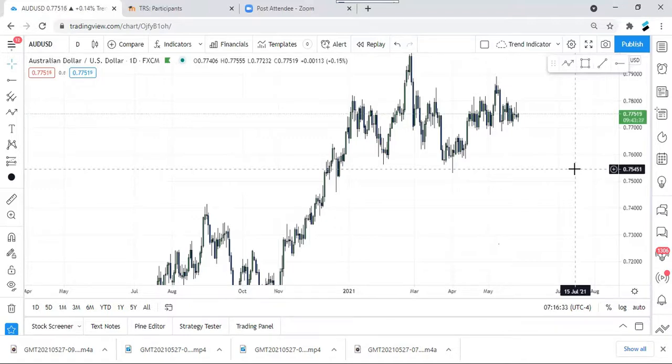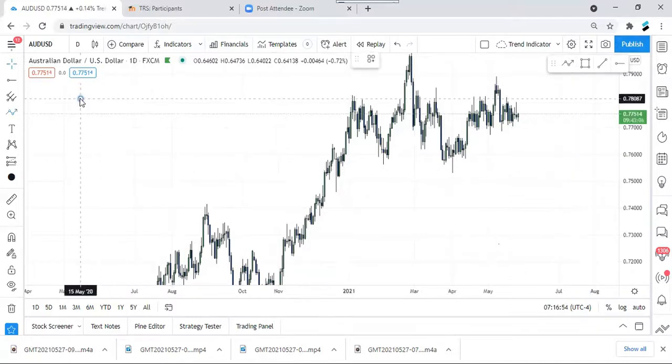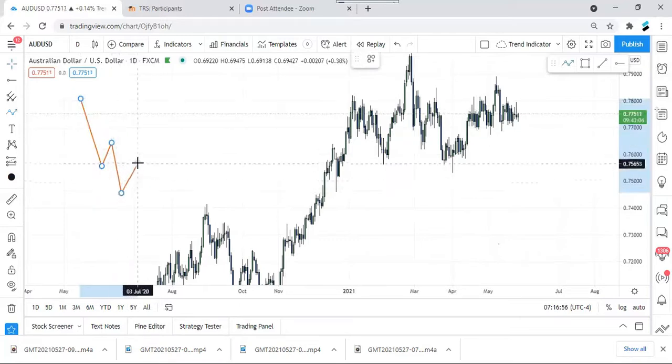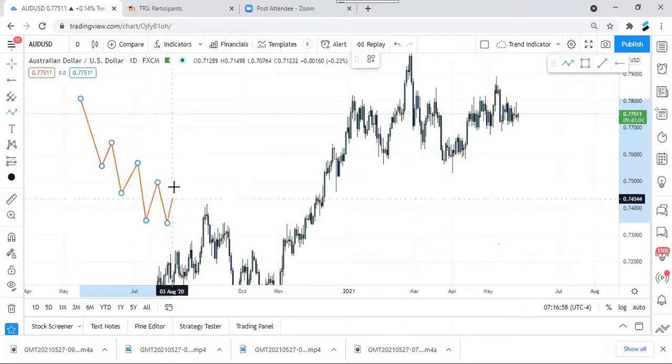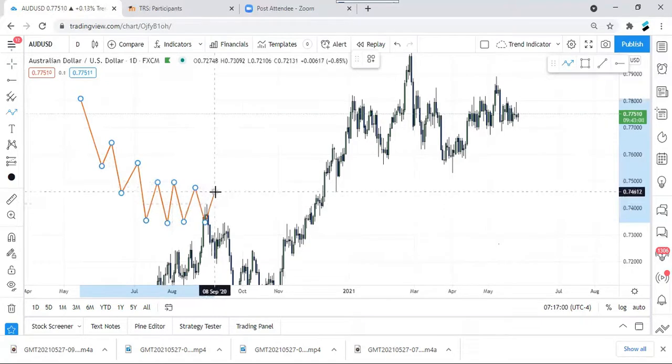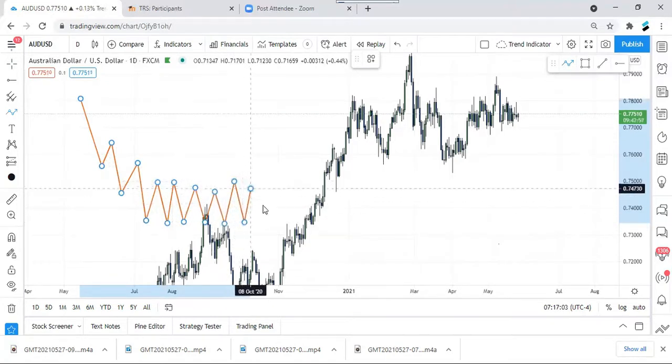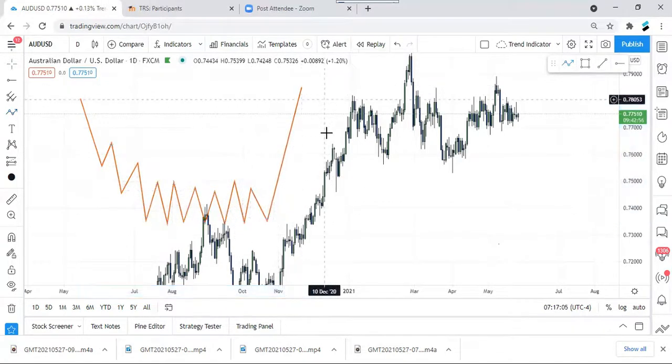Okay, very good. Consolidating. We are not sure whether it's accumulating, because when we see a market go sideways, we call that consolidation. Now, the consolidation phase can be divided into two types: one is accumulation and one is distribution. When the market is doing accumulation, it means the banks and institutions are buying their position and waiting to move the price higher.